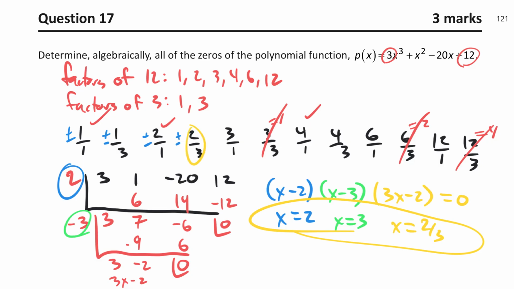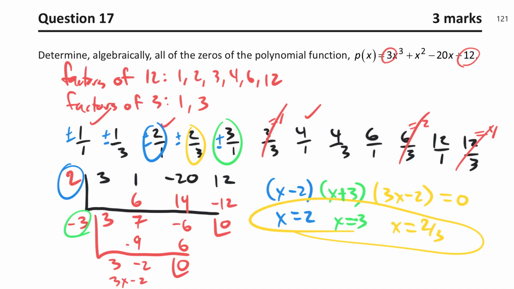Here was the, oh, let's be careful here. I think I flipped the sign on the 3. This should be a +3. So it should be a -3 over here. So there's my -3 over here, if this was plus minus. And then my 2 is over here as well. So they did show up in the list of possible factors, and these were the actual ones that worked out, or the actual zeros.